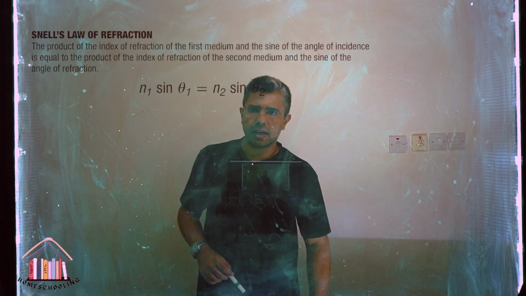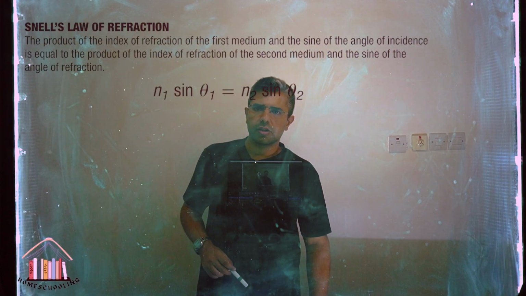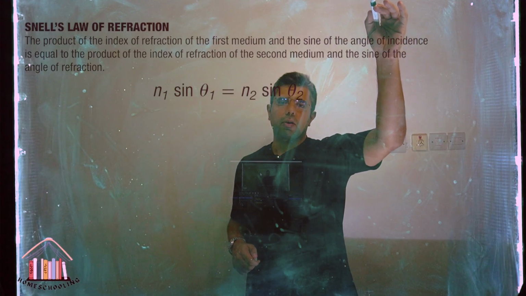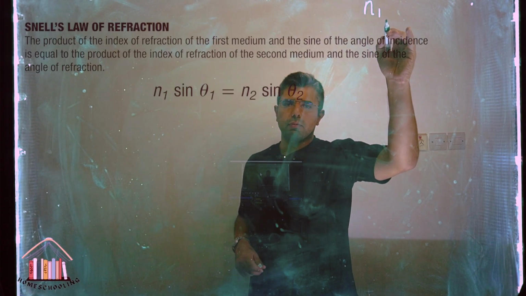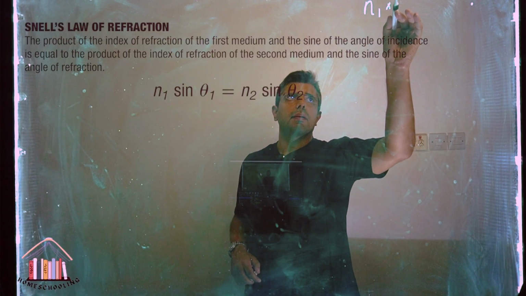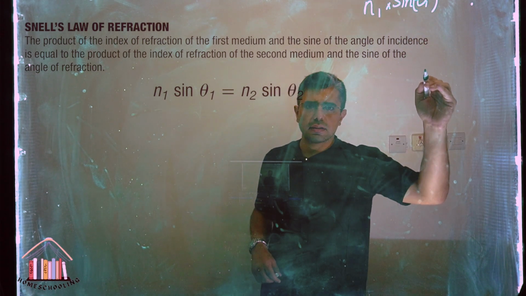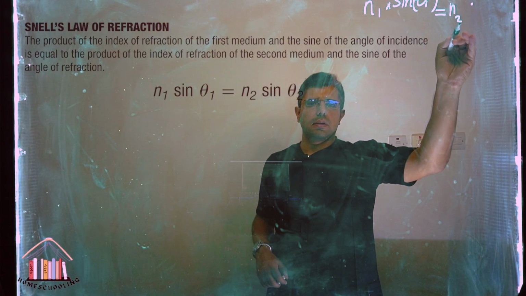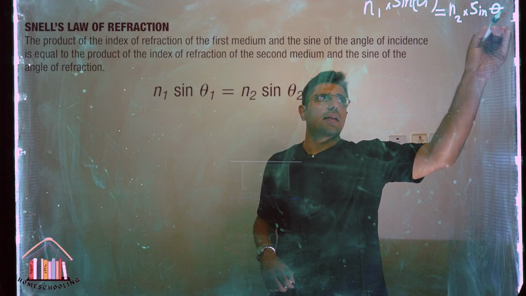So this is Snell's law, named after him. We have n1, the index of refraction in the first medium, multiplied by sine of the angle θ1, the main angle, equals n2 multiplied by sine θ2.